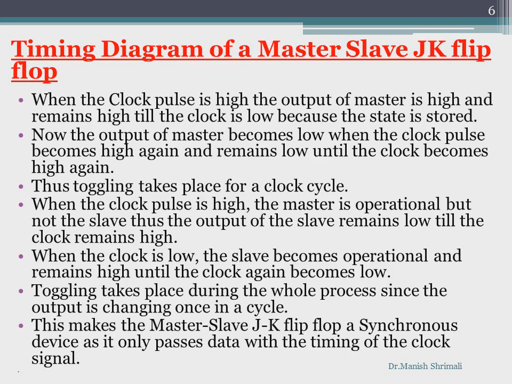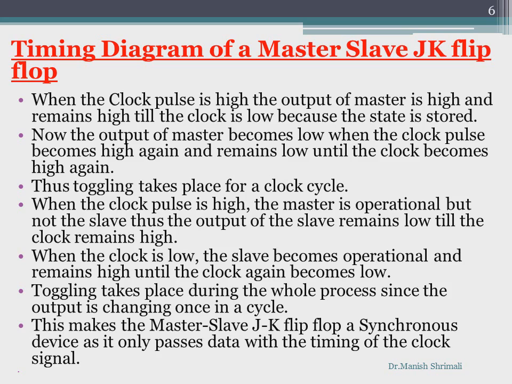In the timing diagram, when the clock pulse is high, the output of the master is high and will remain high till the clock is low, because as we know the memory state is stored. Next, the output of master becomes low when the clock pulse becomes high again and remains low until the clock becomes high again.